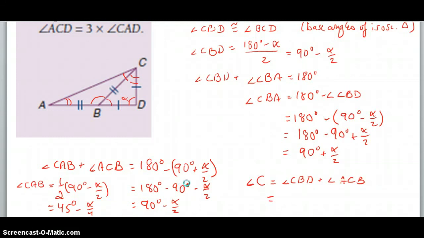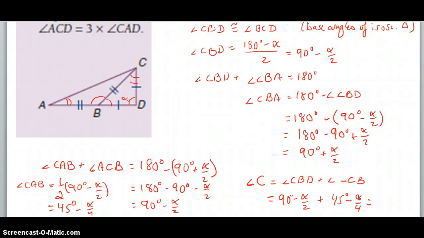CBD, I know, it's here: 90 degrees minus alpha halves. And ACB, I've just calculated here. It's that really small angle, the same as this one here. These two are equal. So 45 degrees, it's actually minus alpha quarter. So that's what I have here.